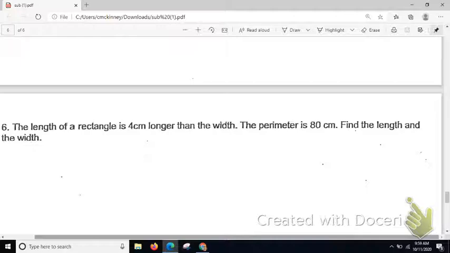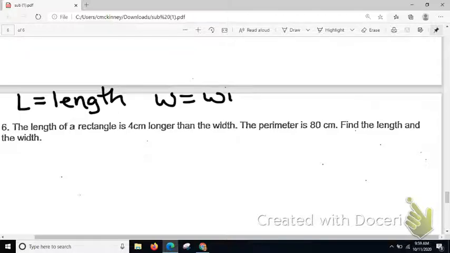Instead of using x and y for just a wild change in things, I'm going to go ahead and say that L is length and W is going to be my width. So those are the two things I'm looking for. I have my variables set up.